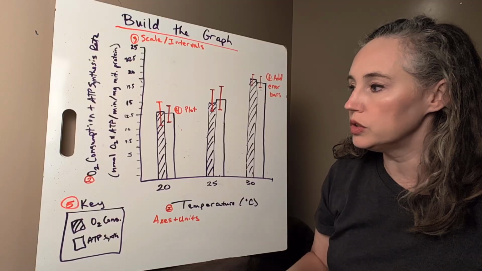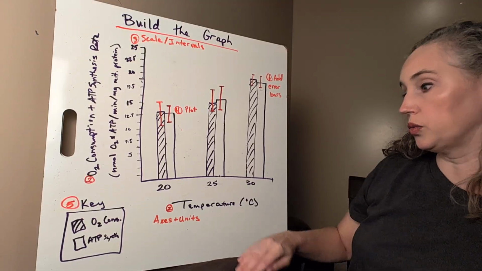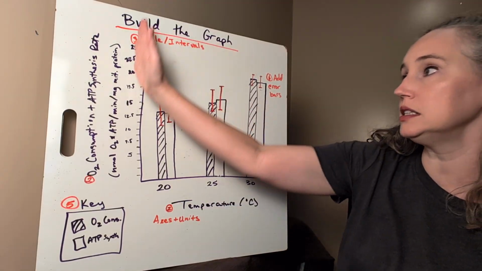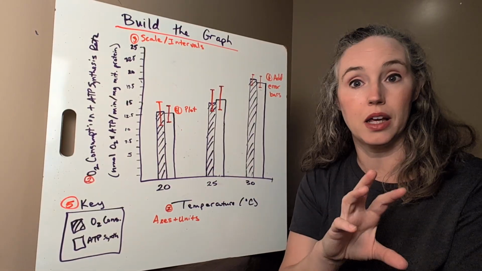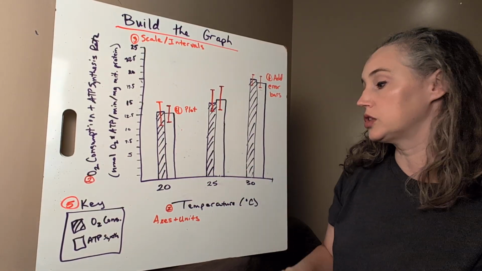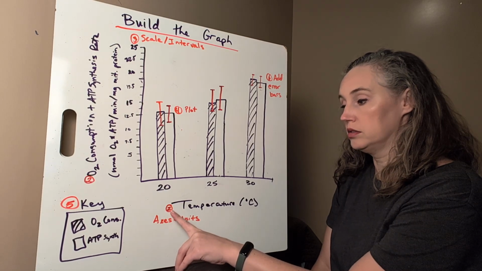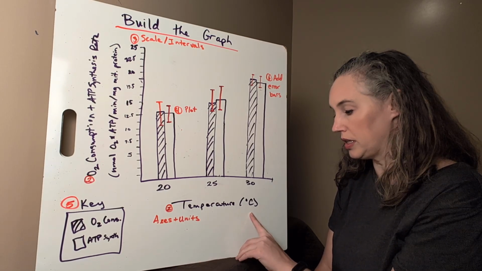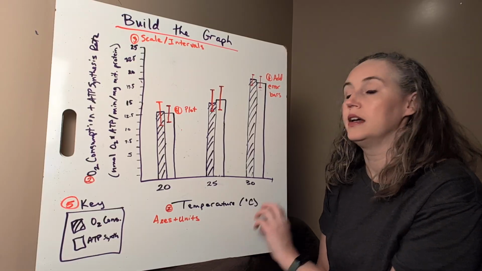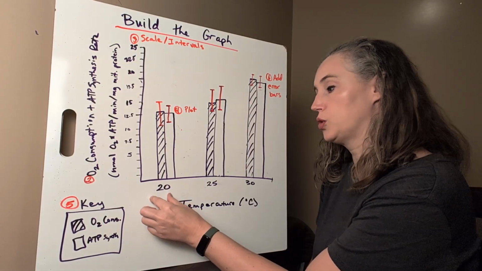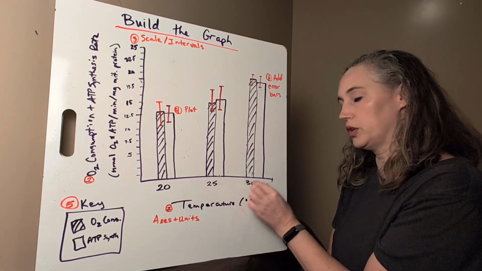Then step 2 is we're going to leave some space around our axis, and we're going to label the X and the Y. So we have our temperature with degrees C. So our units are in parentheses. And we did 3 groups, 20, 25, and 30.